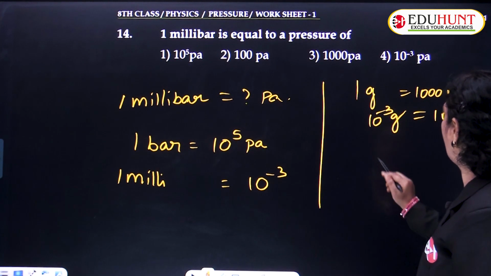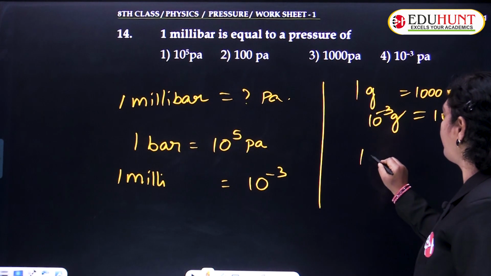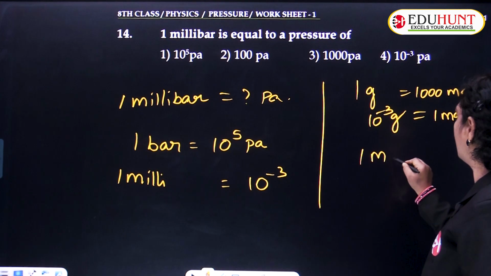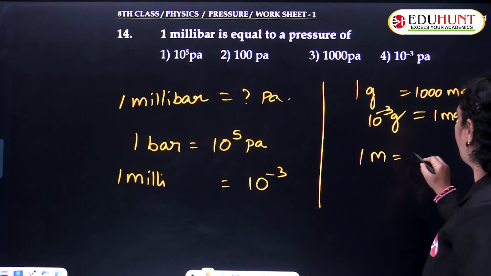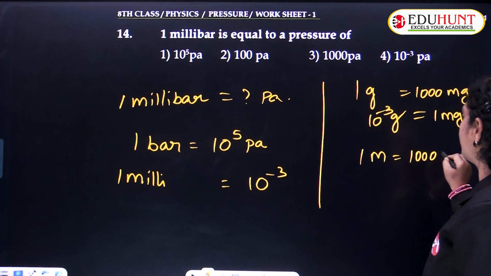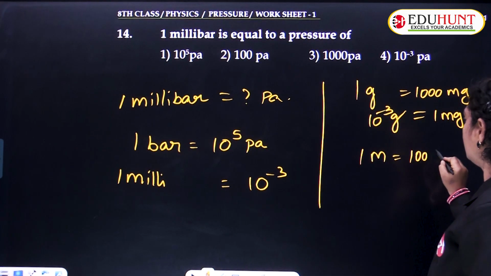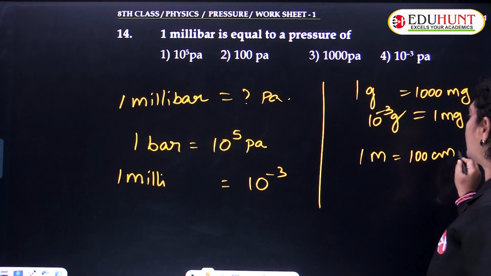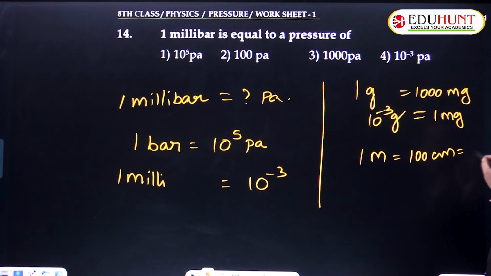Similarly, 1 meter is equal to 100 centimeters and 1 centimeter is equal to 10 millimeters.